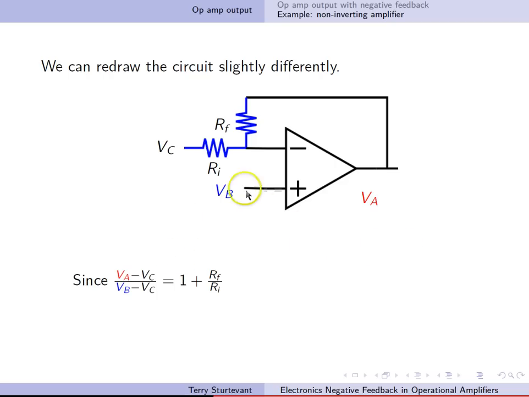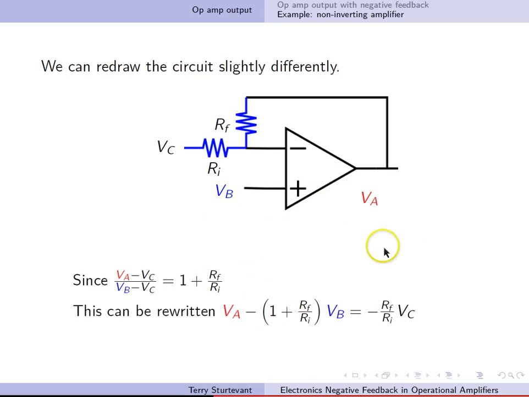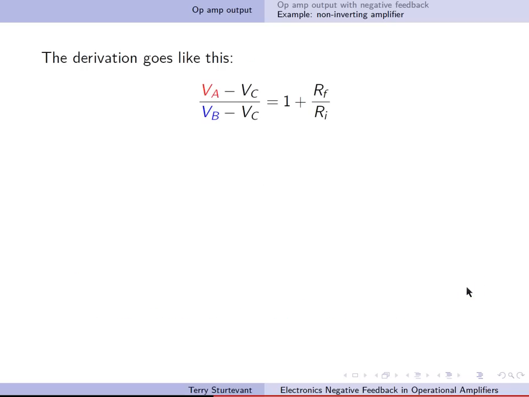So since we have this relationship, then we can rewrite it to show that VA minus (1 plus RF over RI) times VB equals minus RF over RI times VC.